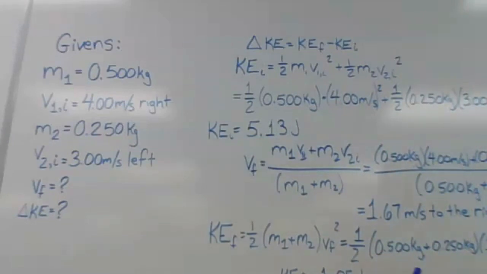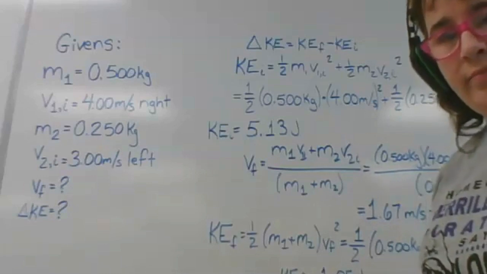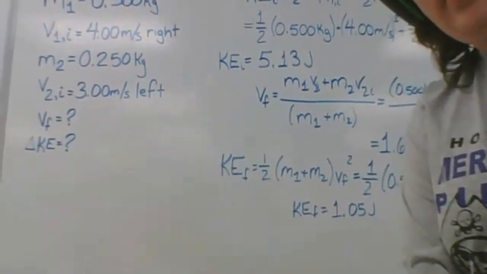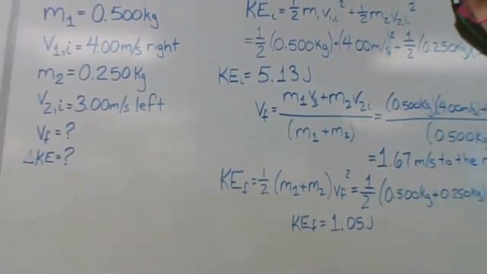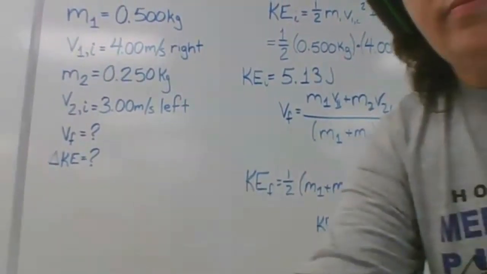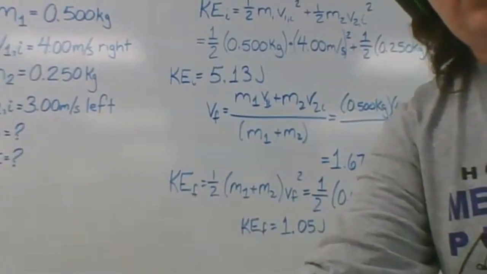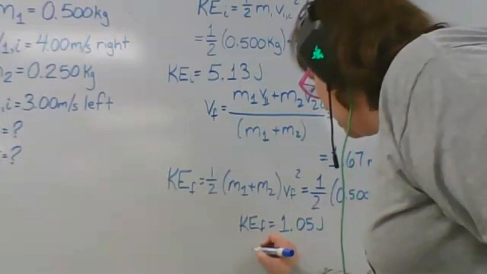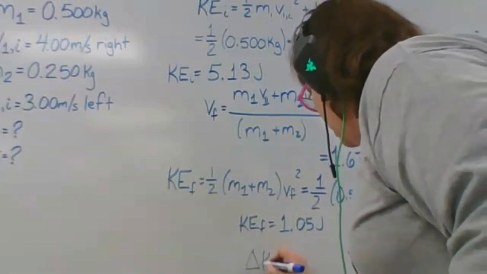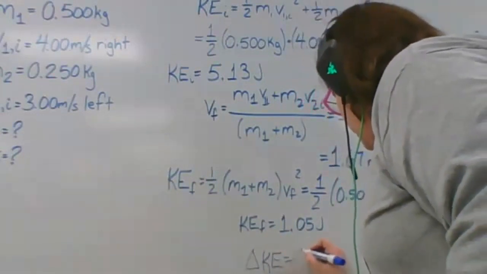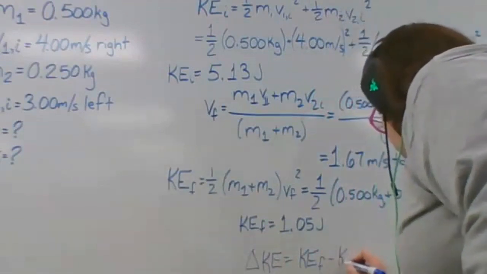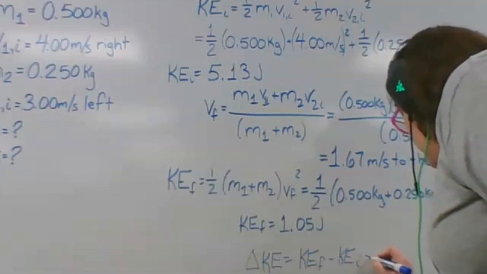So to find our delta K here, delta KE is equal to kinetic energy final minus kinetic energy initial.